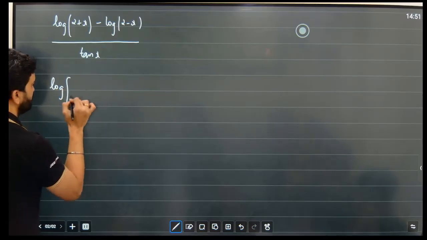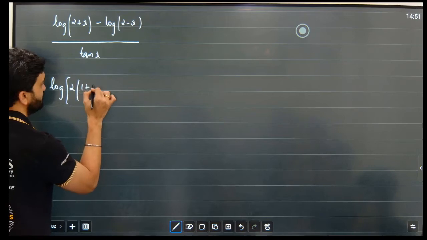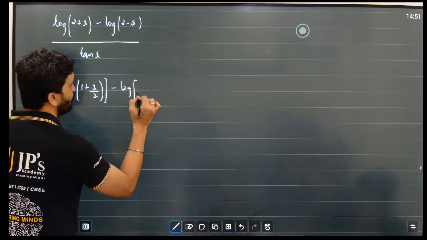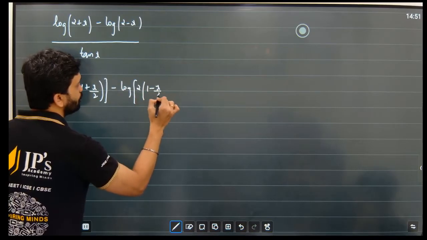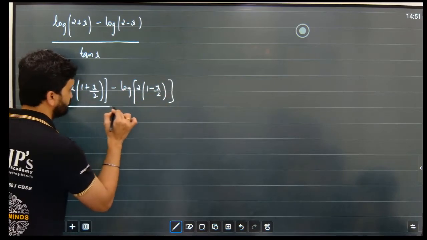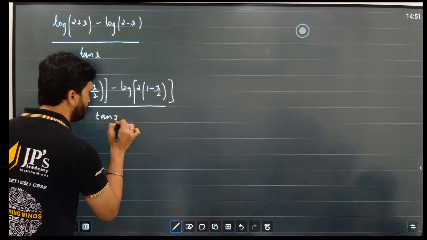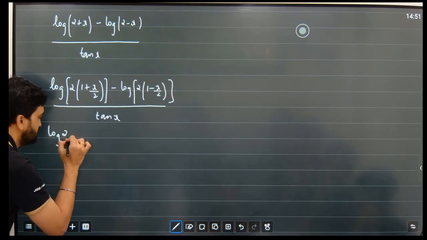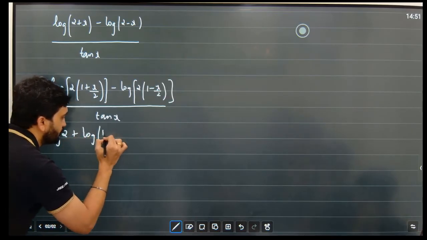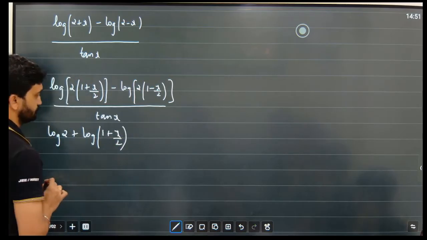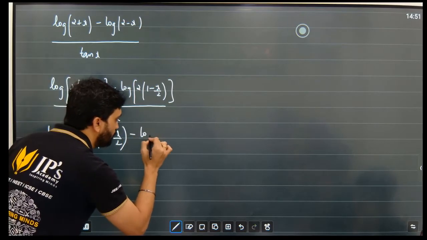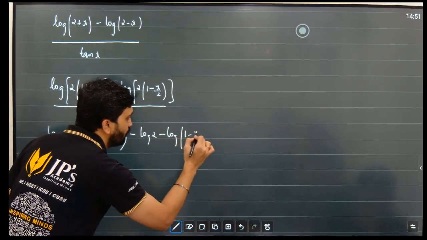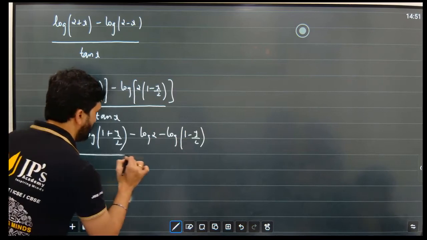Imagine if I take 2 common outside, this will become log of 2 into 1 plus x by 2 minus log of 2 into 1 minus x by 2 upon tan x. I'm just showing you both the methods. And this is log AB, and log AB is log A plus log B. This is also log AB, that is log A plus log B, and outside there is a minus, so minus of log of 1 minus x by 2 upon tan x.